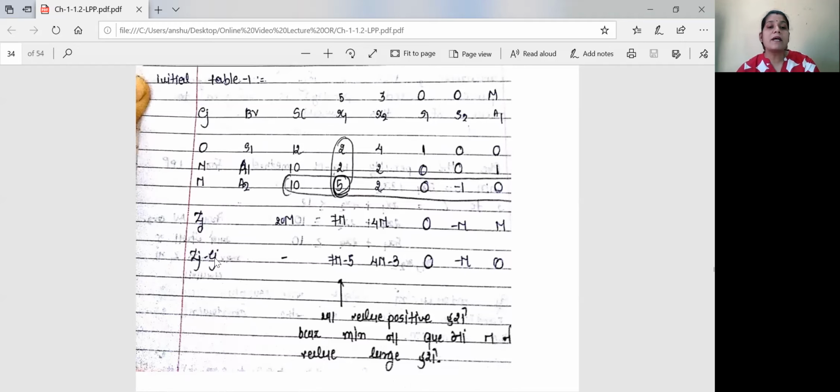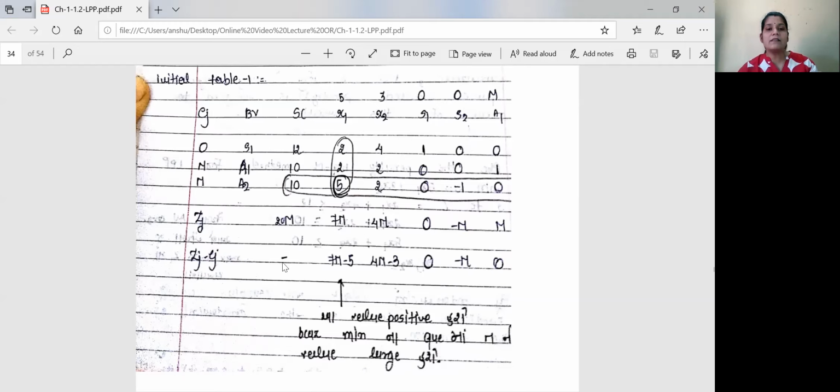If our Zj minus Cj is greater than or equal to 0, in which case does this happen? In maximization. So this type of table is our final table. But if our question is in minimization form, then our final table depends on Zj minus Cj less than or equal to 0.